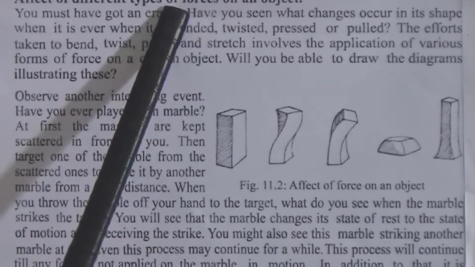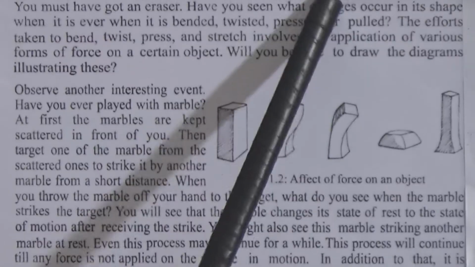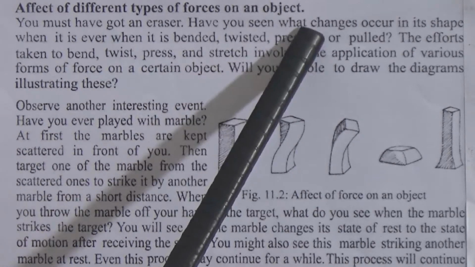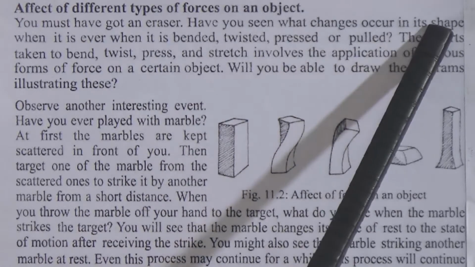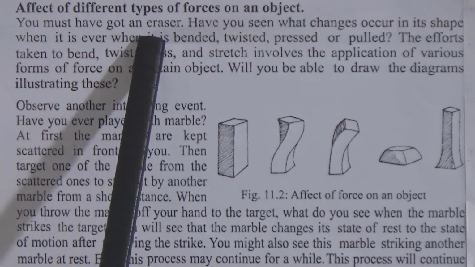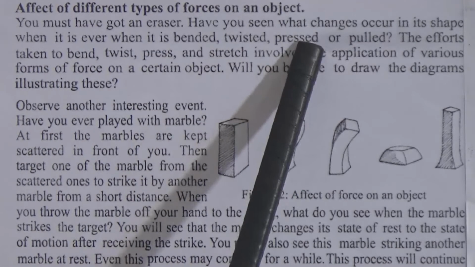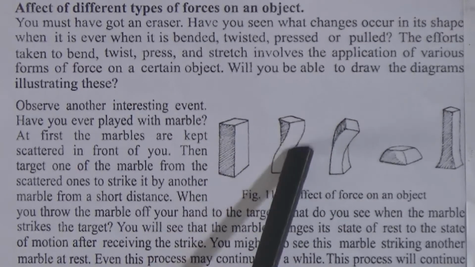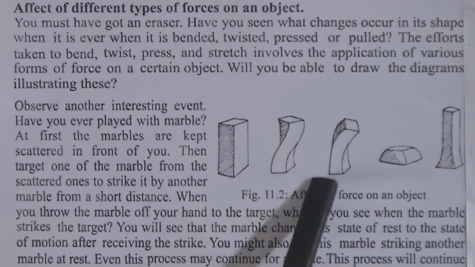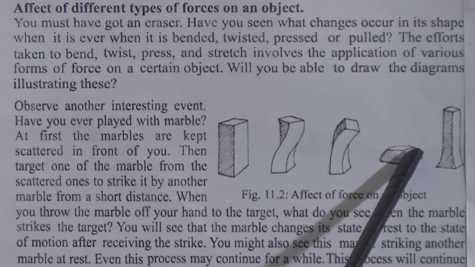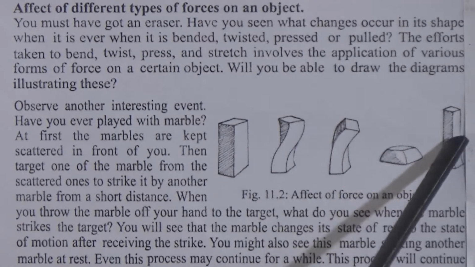Now we will discuss effects of different types of force on an object. You must have an eraser. Have you seen what changes occur in its shape when it is bent, twisted, pressed or pulled? Look, if this is an eraser, if you twist it, it will look like this. If you bend it, it will look like this. If you press it, it will look like this, and if you pull it, it will look like this.